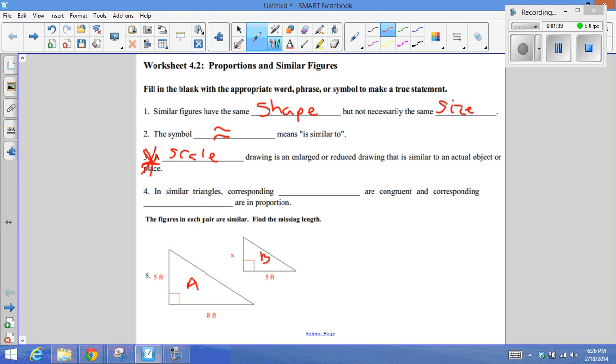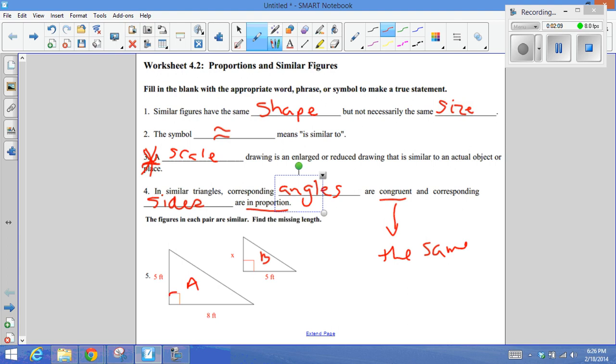In similar triangles, corresponding angles are congruent and corresponding sides are proportional. Now, congruent means the same. So if I look at my two triangles down here, I said that they were similar, so corresponding angles are congruent, the same.